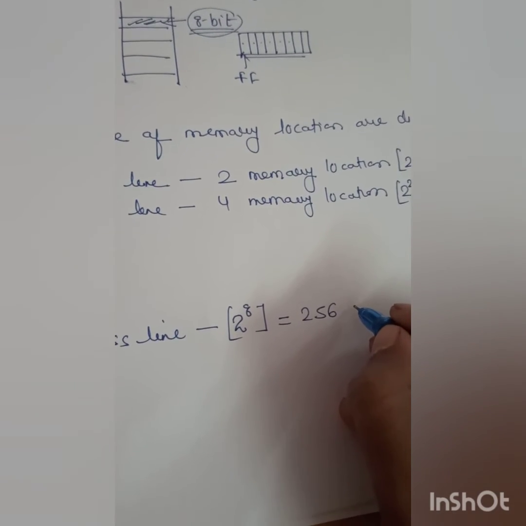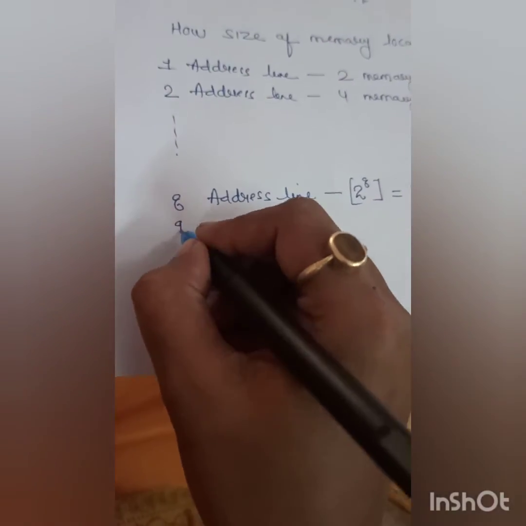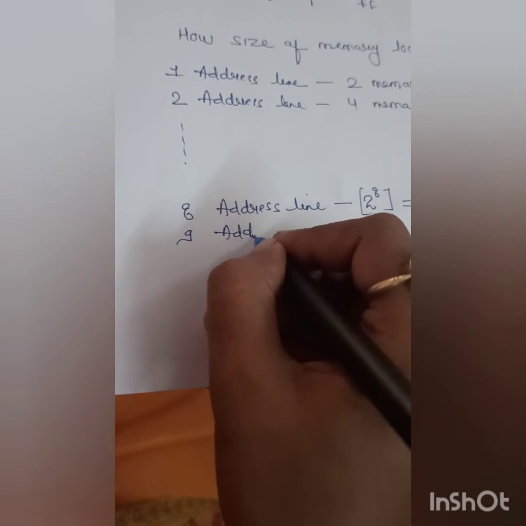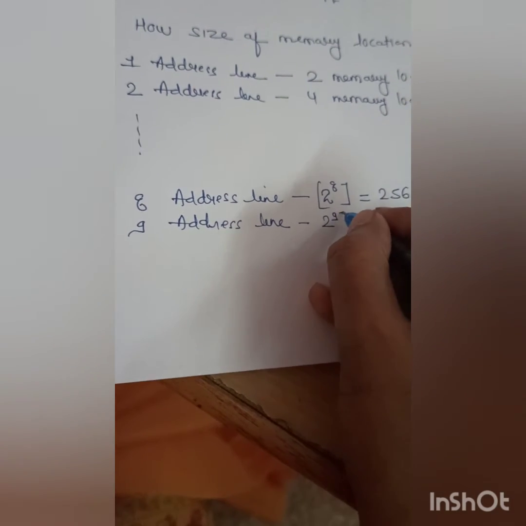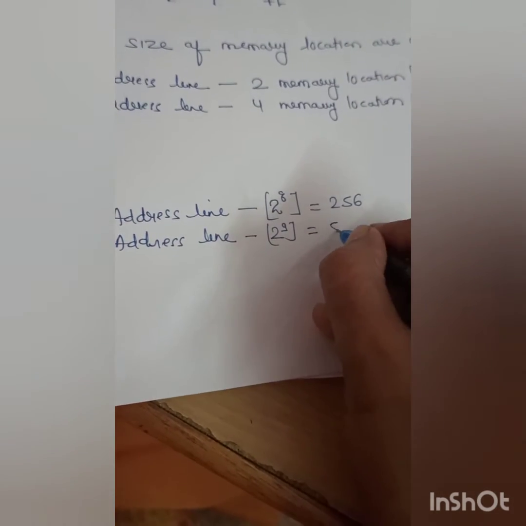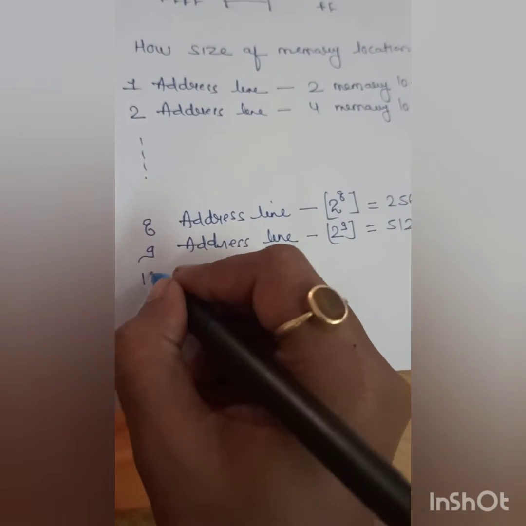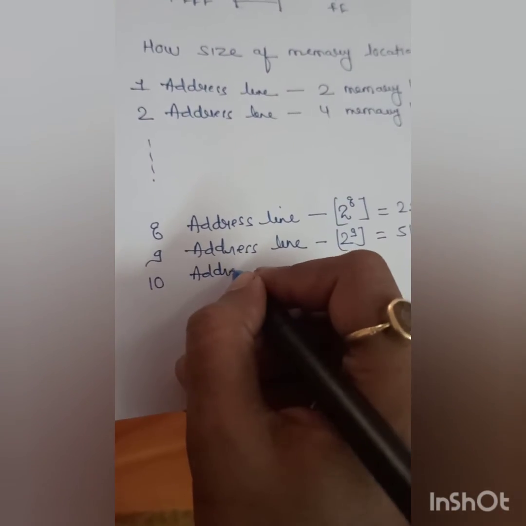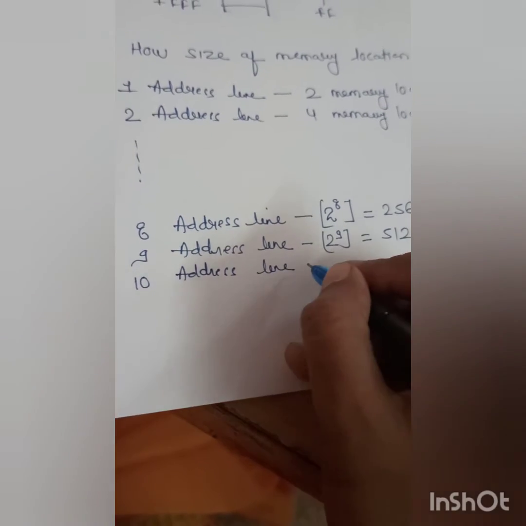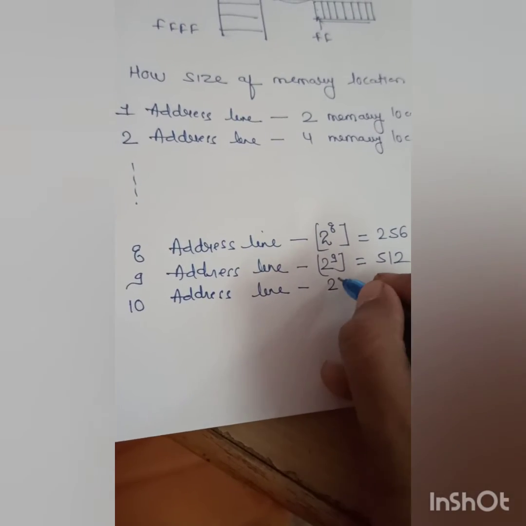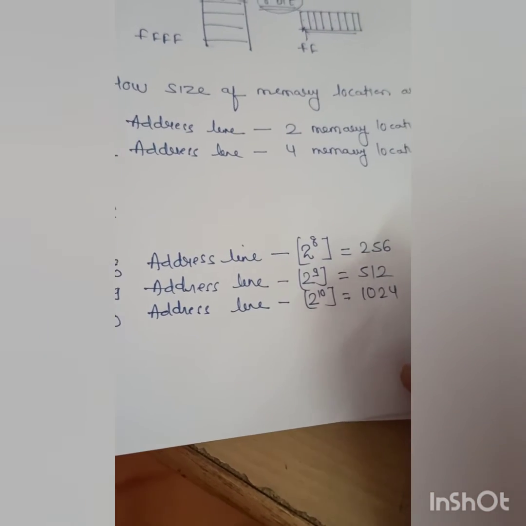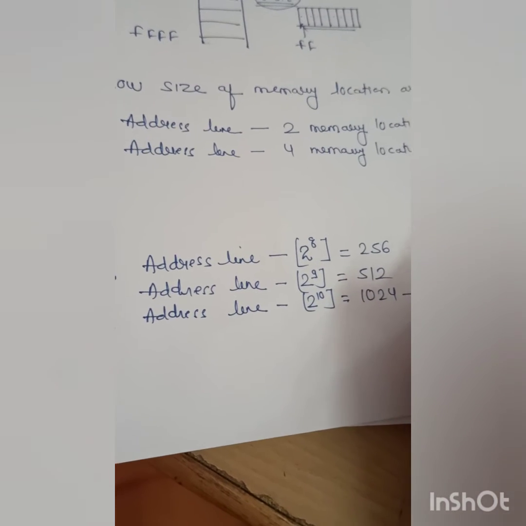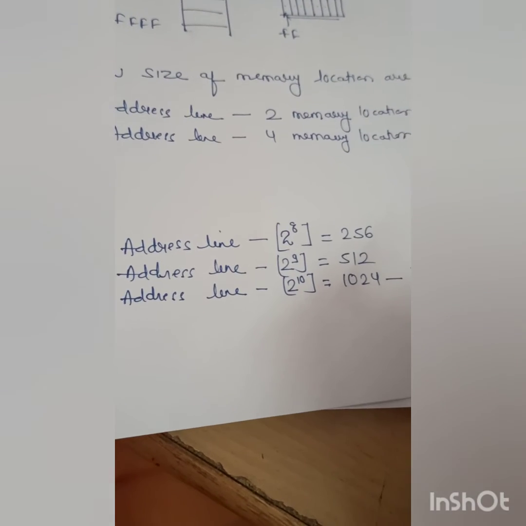Next, 9 address lines means 2 raised to the power 9, which is 512. 10 address lines means 2 raised to the power 10, that is 1024, which is called 1 kilobyte.